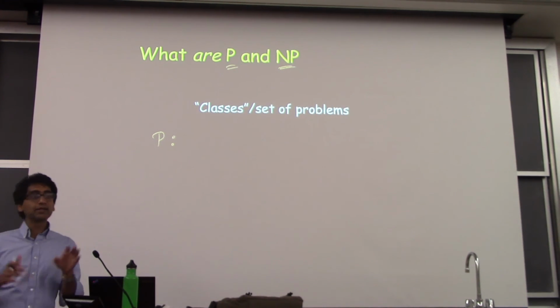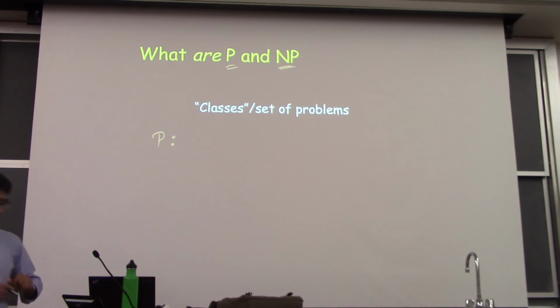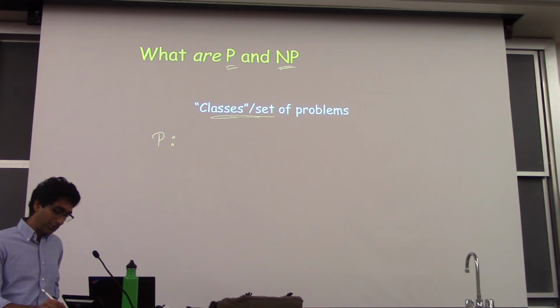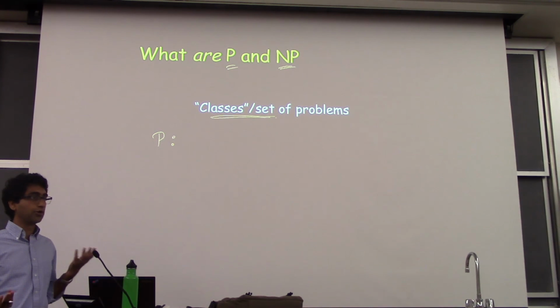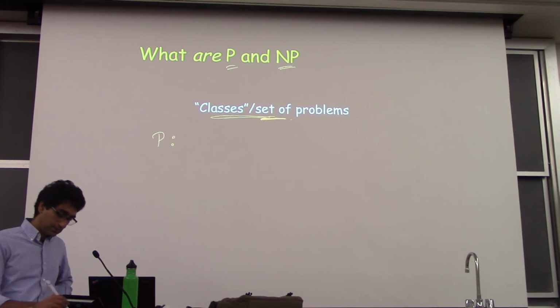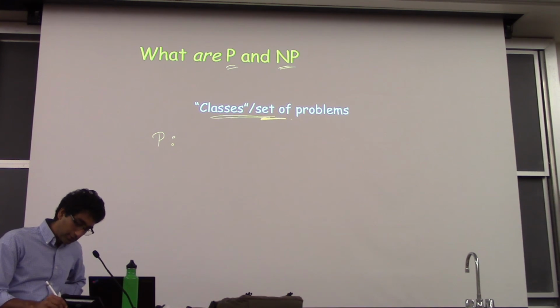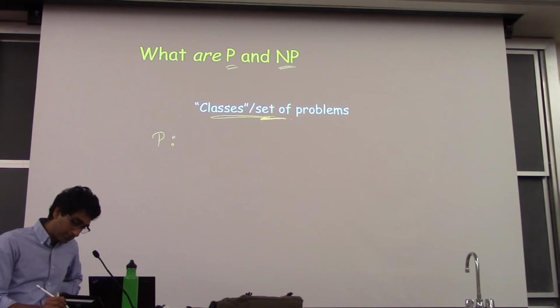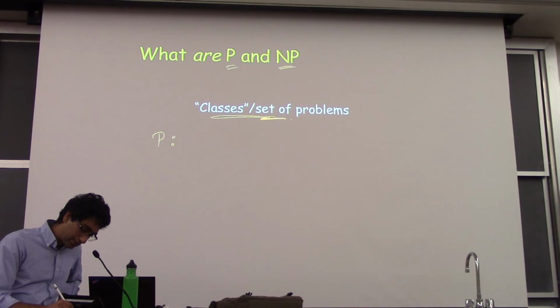One thing is that both of these are sets of problems. Both of these refer to what are called complexity classes, but it's essentially a set of problems. This is an informal definition: P is a class of problems that can be solved in polynomial time.